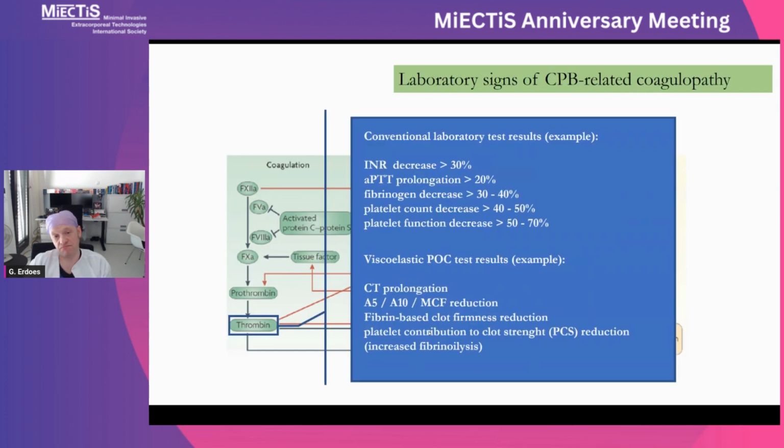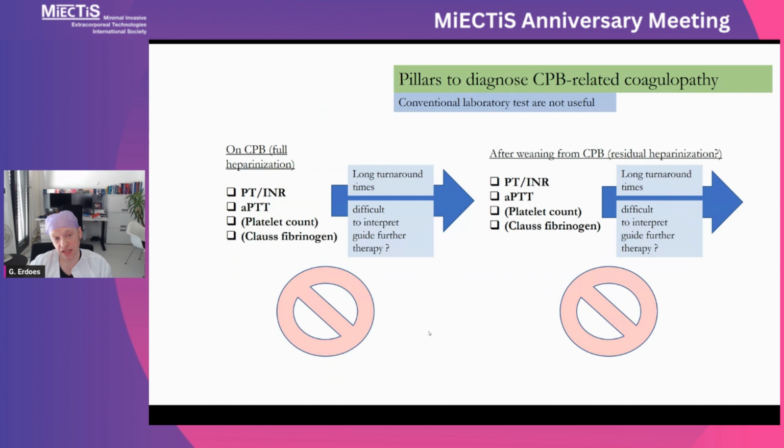What are the conventional or viscoelastic results in laboratory results after a CPB run? You see here there is a worsening in the coagulation. And if you would like to do some laboratory tests, the conventional laboratory is not sufficient to lead to a diagnosis.